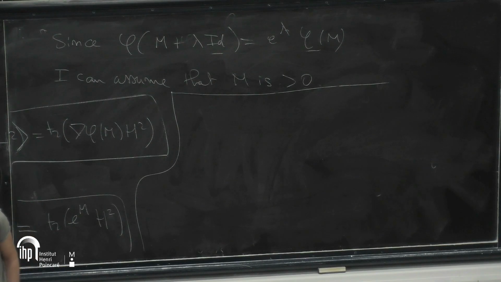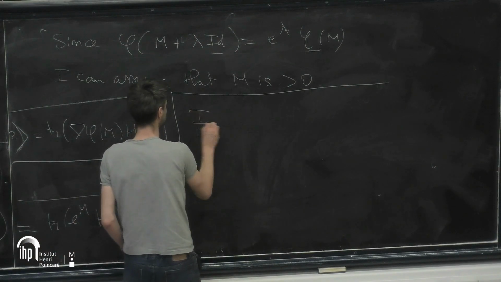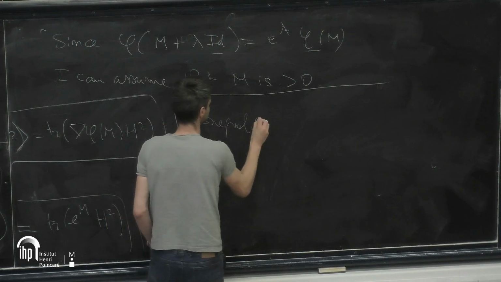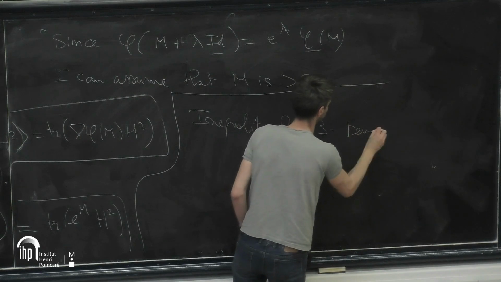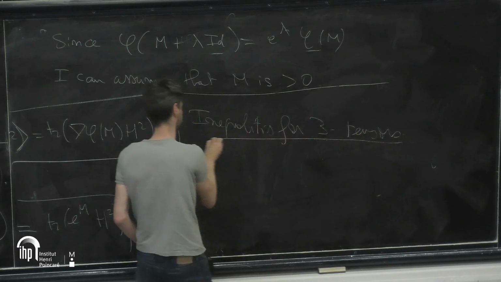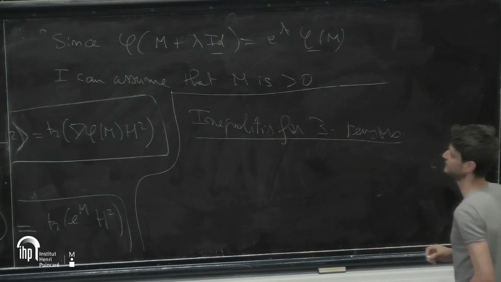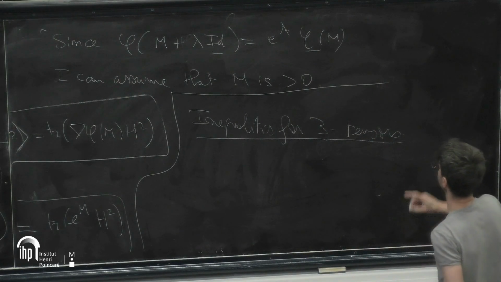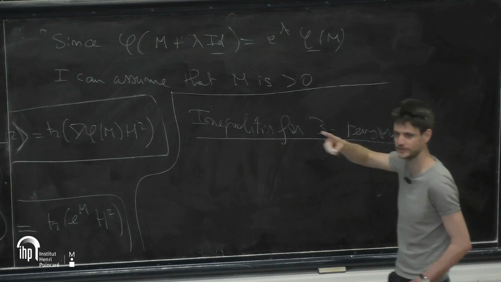What do I need? Okay, now start the fun part: inequalities for 3-tensors. Do I still have the equation for A? Yes, I have the equation for A. So you see, I said there is this moment generating property.